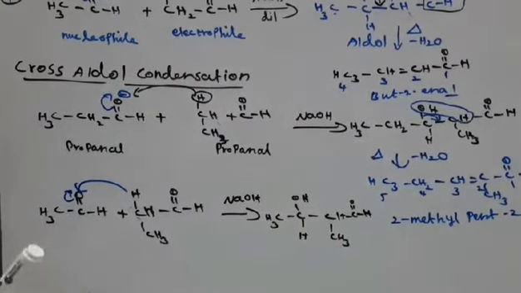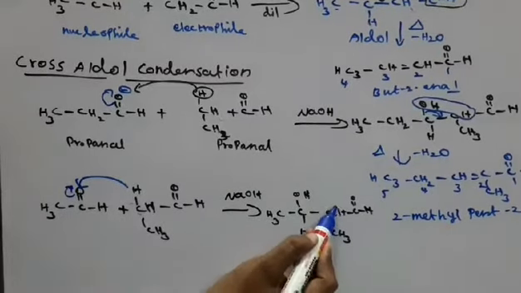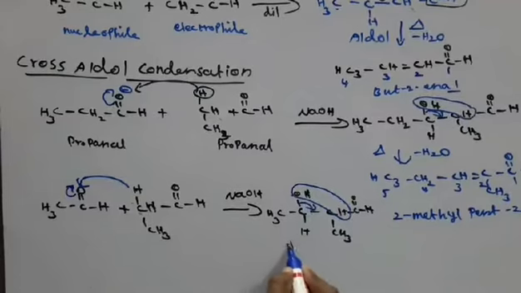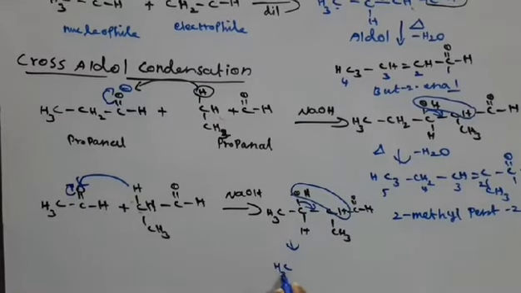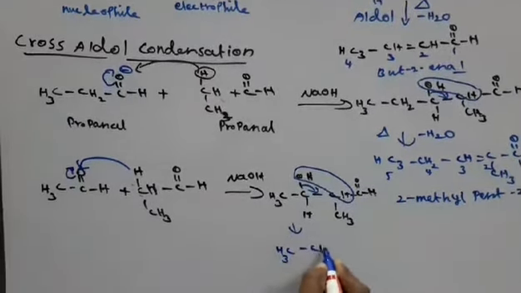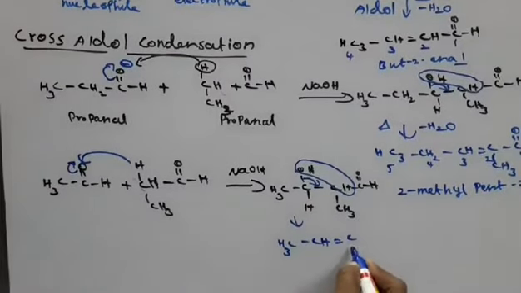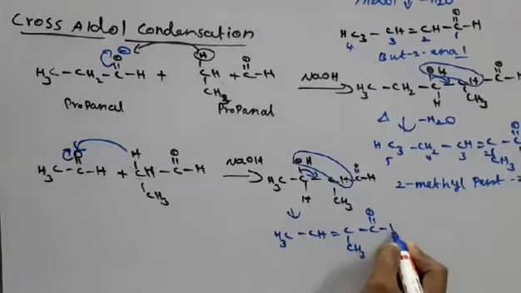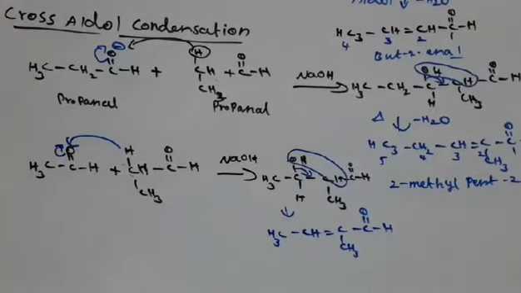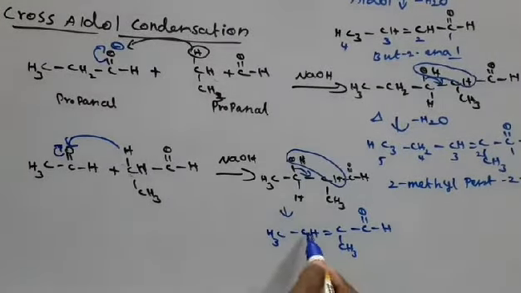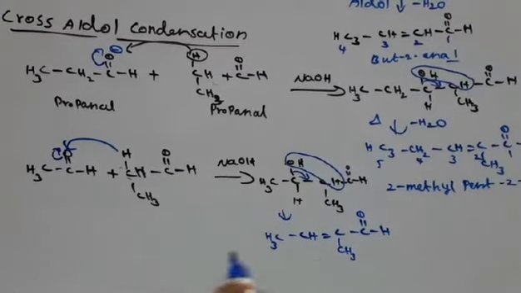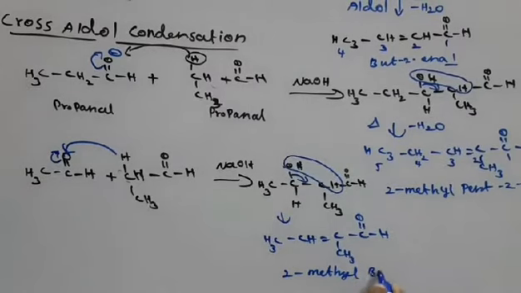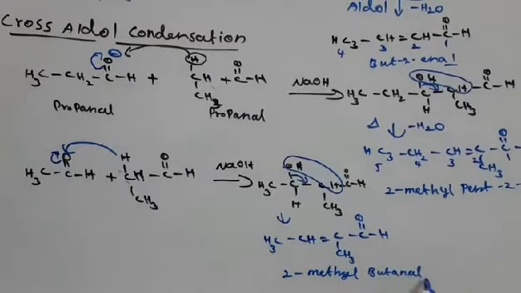Here also the same thing, the OH is eliminated, this bond is shifted. So what is your product? CH3 CH double bond C CH3 and C double bond O H. So this is 1, 2, 3, 4, 2 methyl butenal.